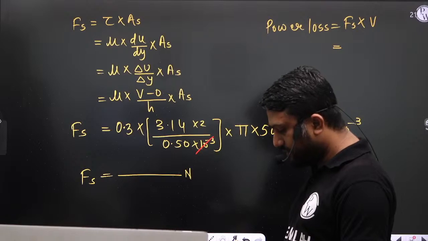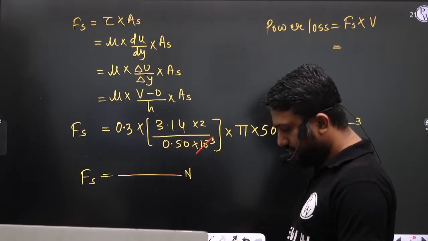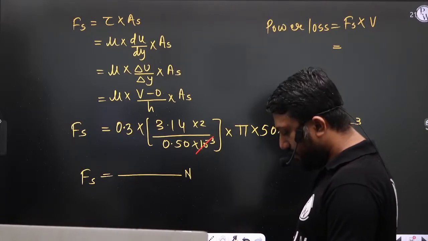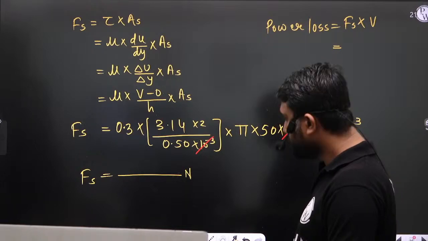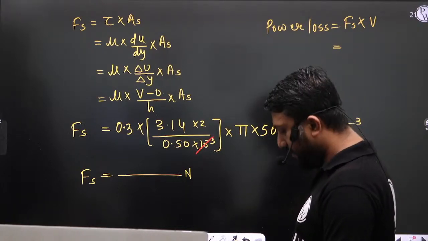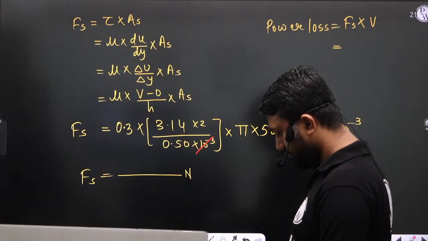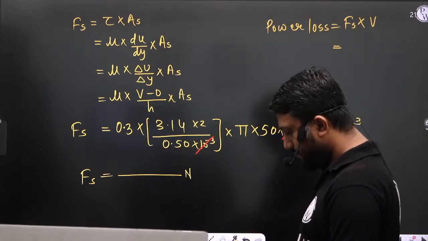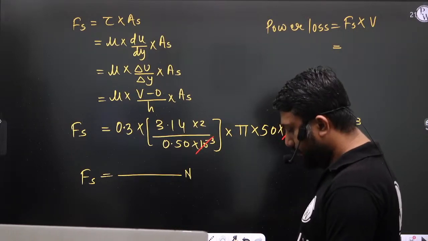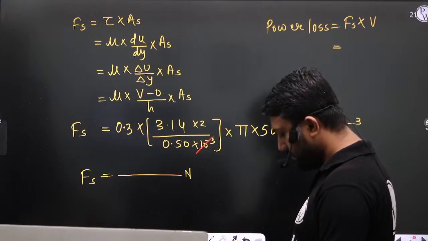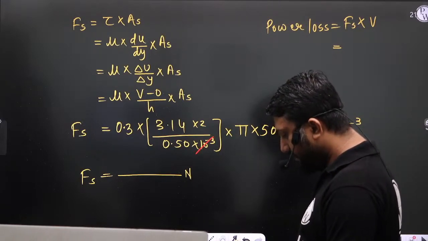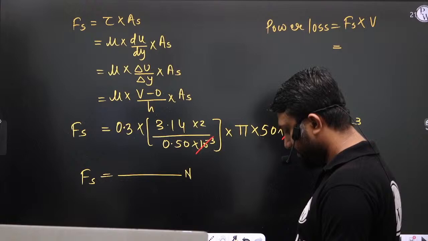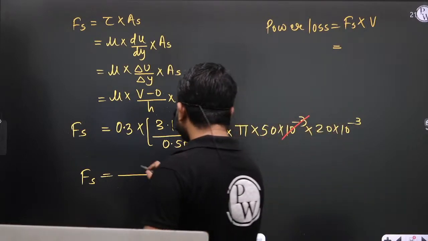It is 0.3 into 3.14 into 2, 0.50, into pi into 50 into 20 into 10 to the power minus 3.